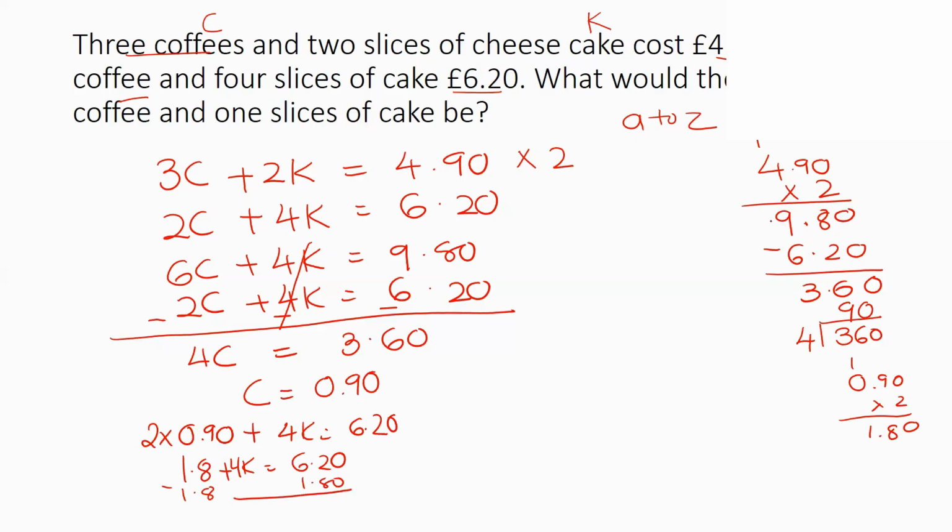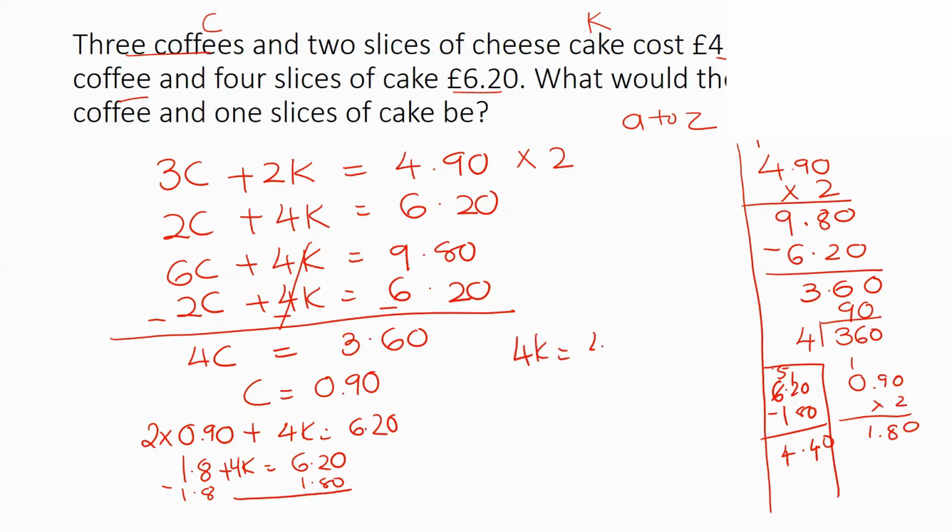So I'm going to draw a line here and say 6.20 minus 1.80. So that's 4.40. So 4K equals 4.40. And then divided by 4 on both sides, we have K equals 1.10.